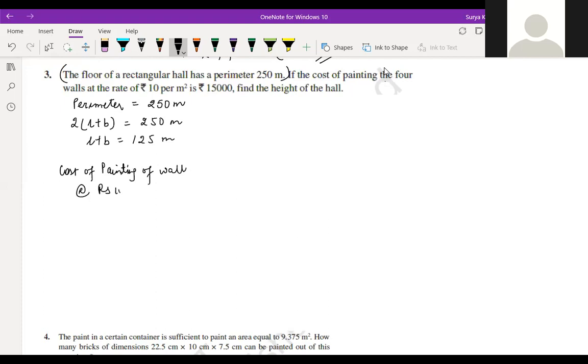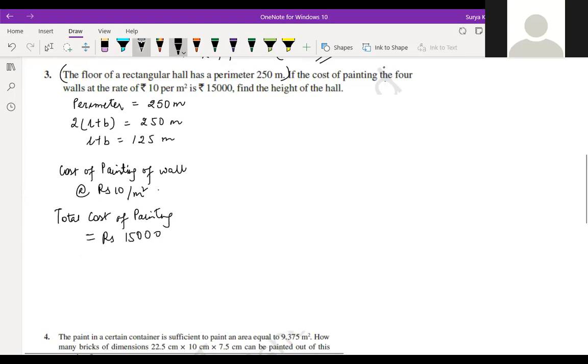Rupees 10 per meter square. Means 1 meter square of painting is 10 rupees. And total cost of painting is equal to what is given here? 15,000.